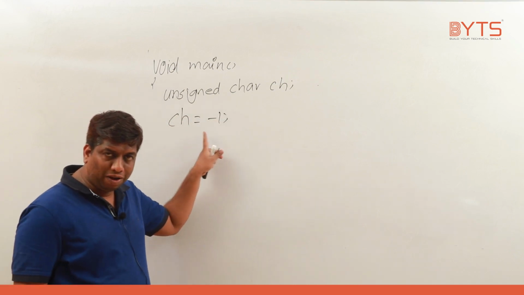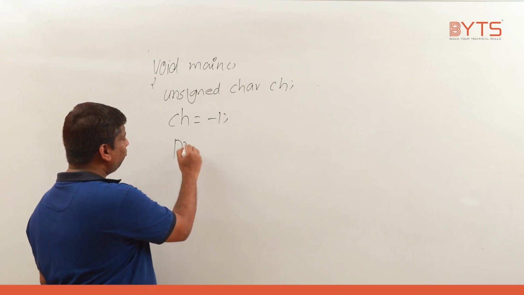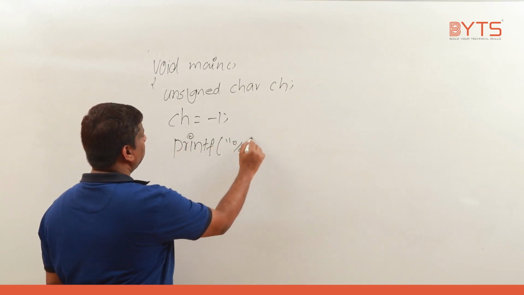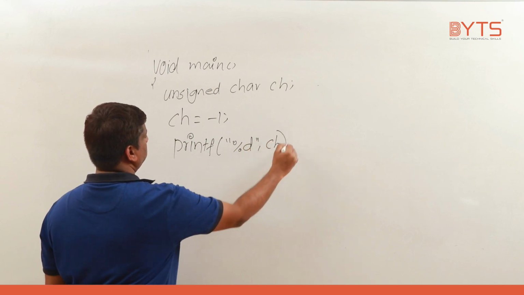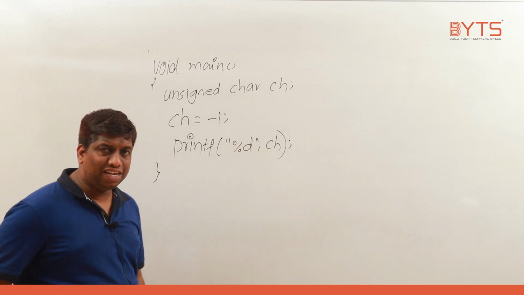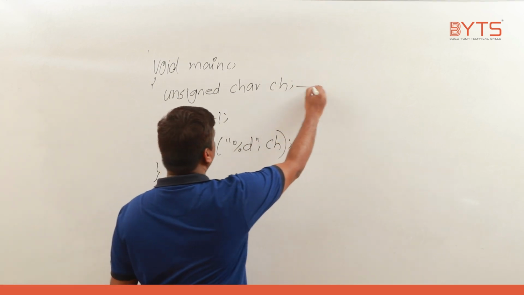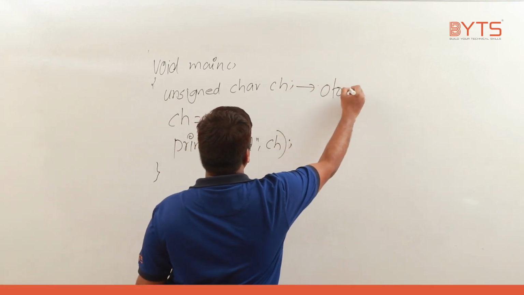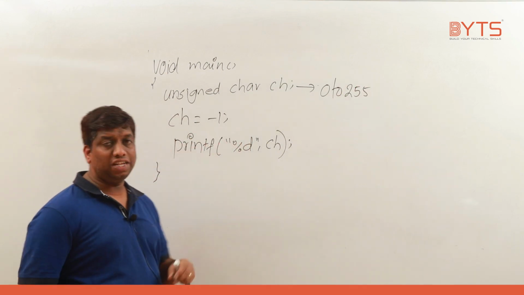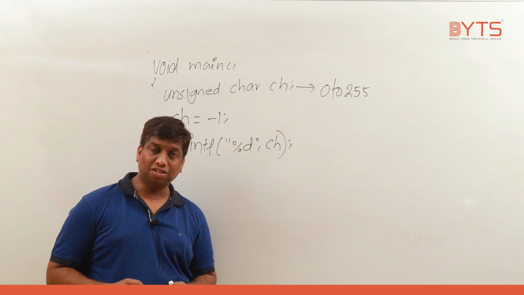Next, printf %d comma ch. Well, try to understand: what is the range of unsigned char? Just now we discussed the range of unsigned char is 0 to 255. Now, is minus 1 in the range or not? Minus 1 is not in the range.